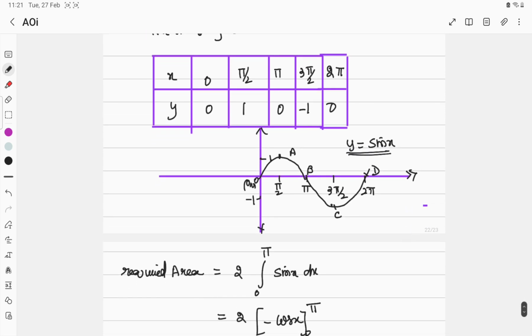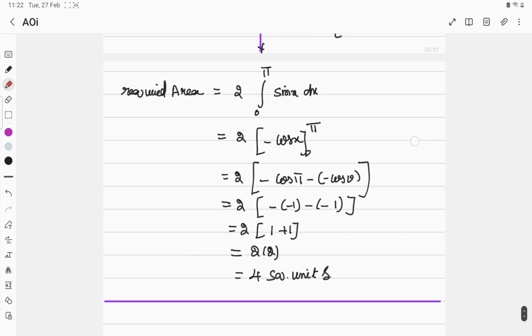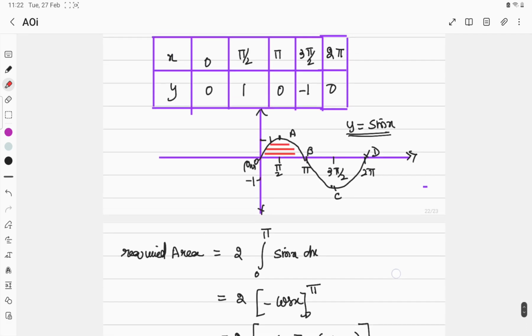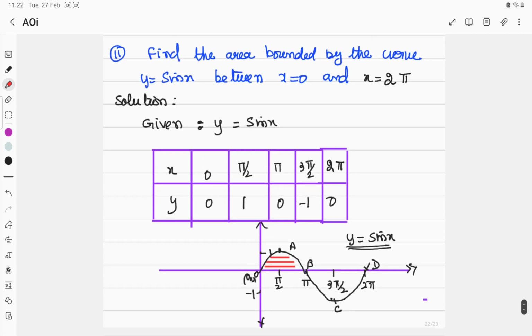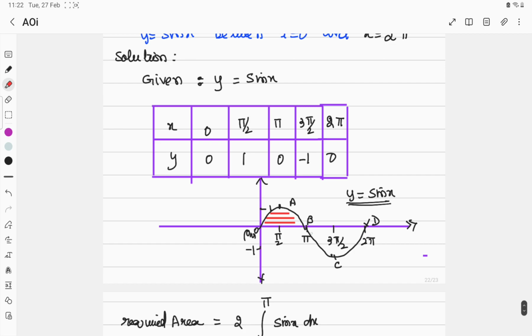So required area is equal to the integral from 0 to pi of sin x dx and from pi to 2 pi.